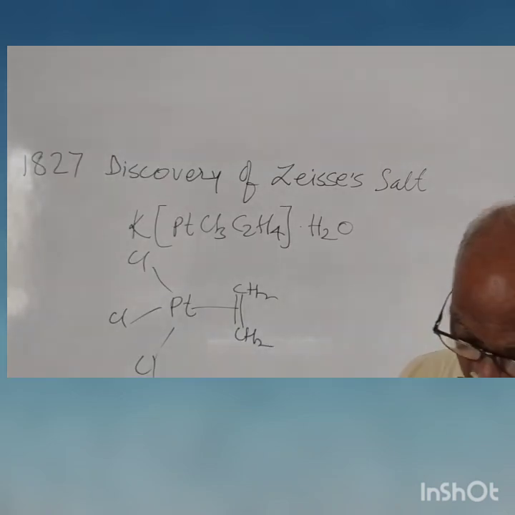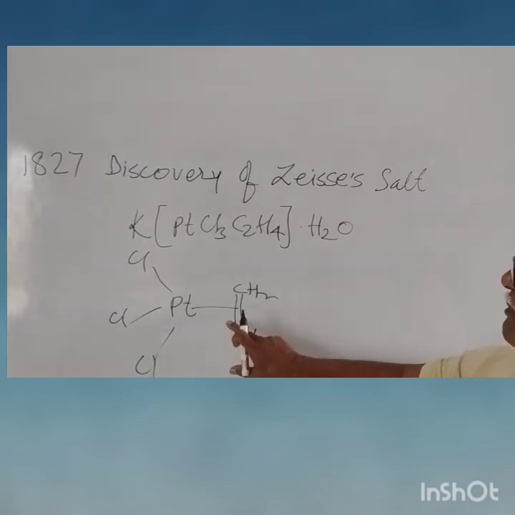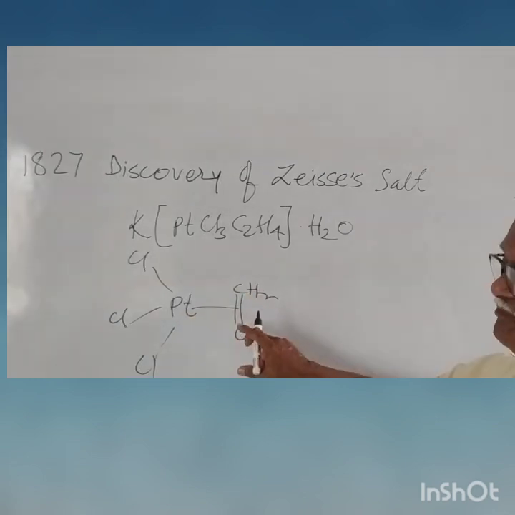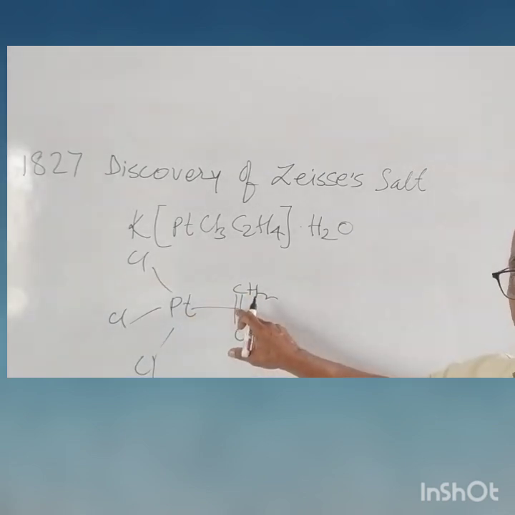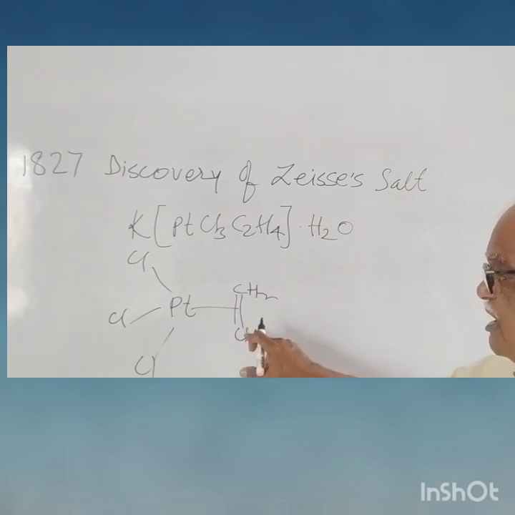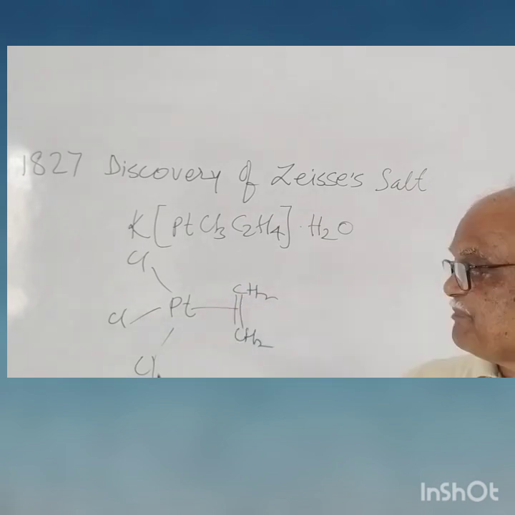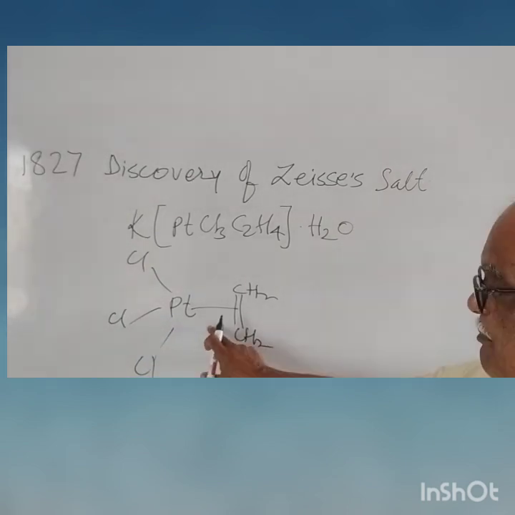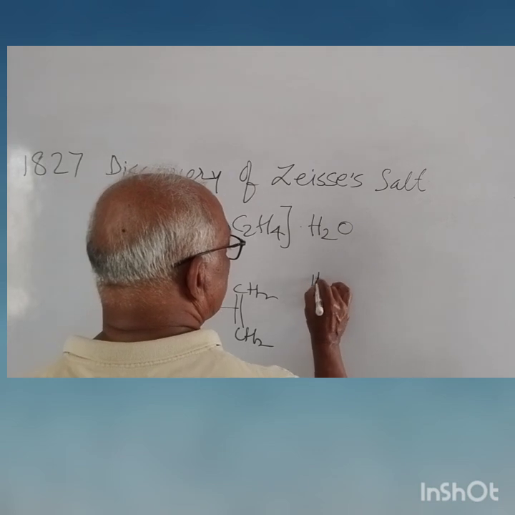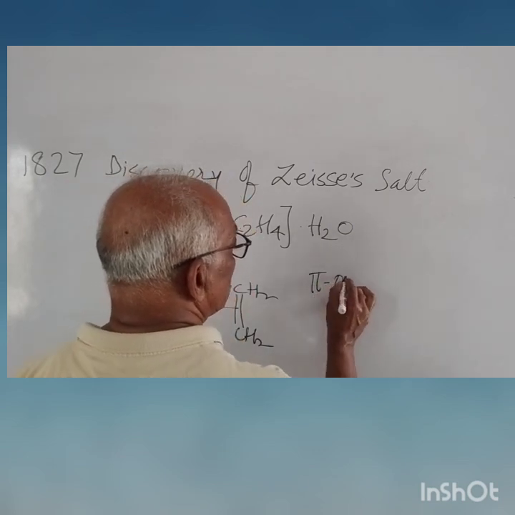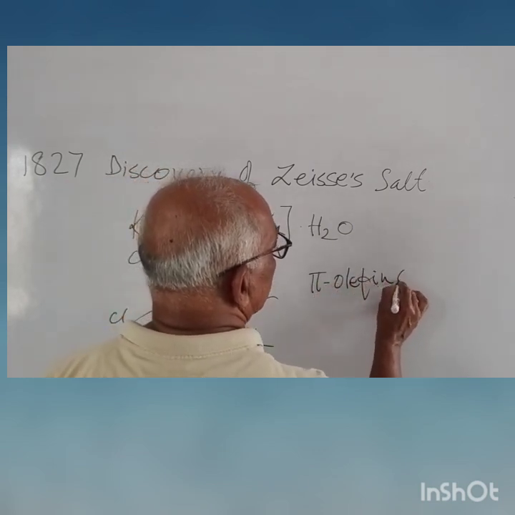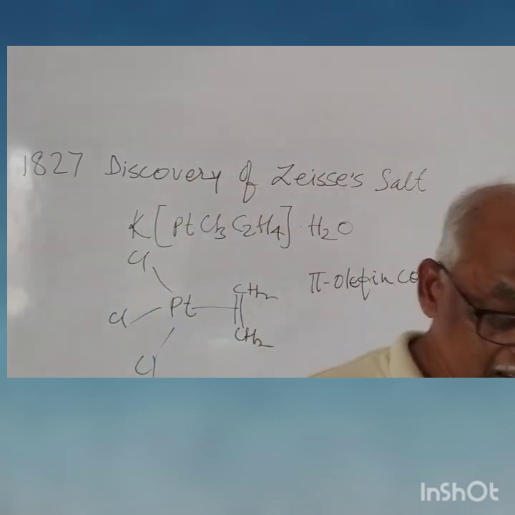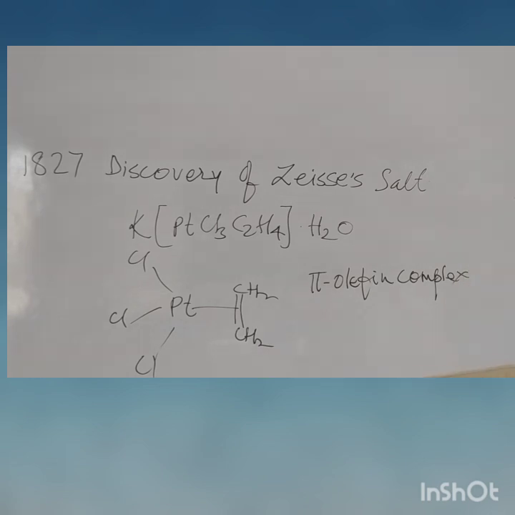This Zeise's salt is an organometallic compound because there is a platinum pi bond, an olefinic bonding between CH2 and CH2. This bonding is a pi structure, or pi olefin complex. This is called the first pi olefin complex.